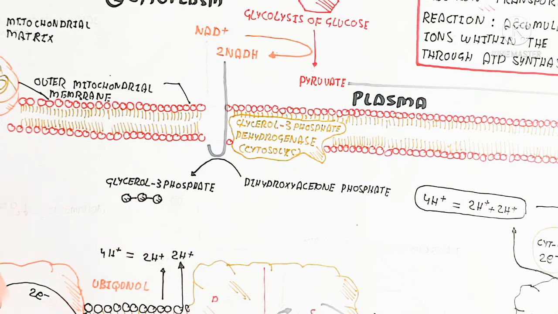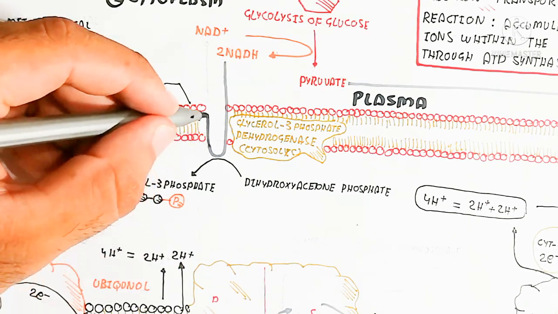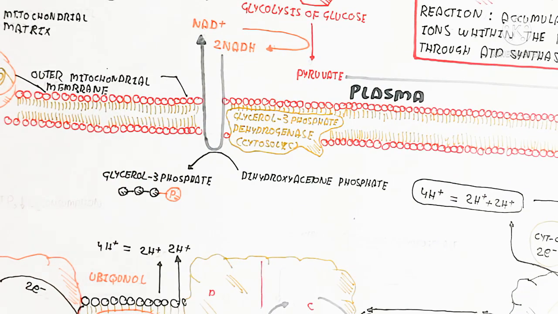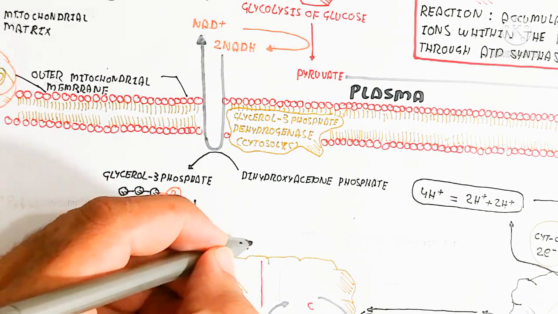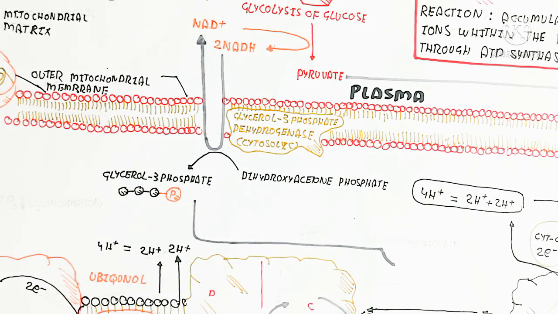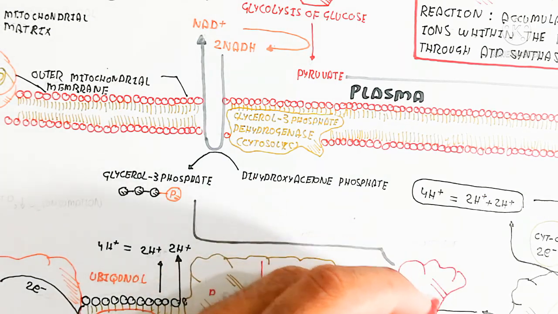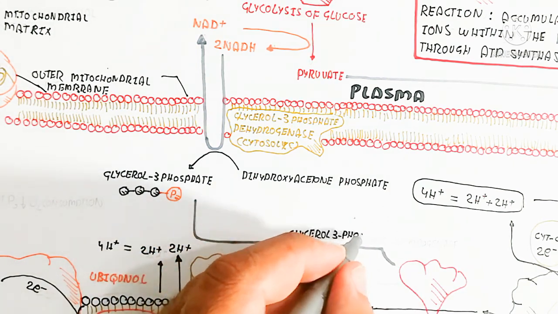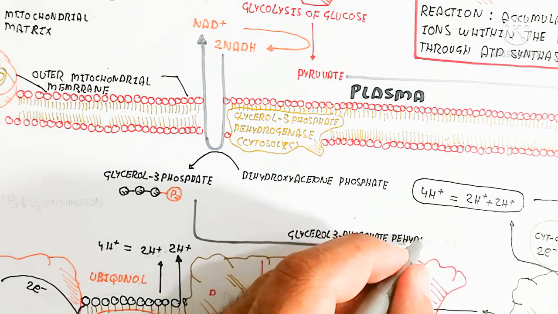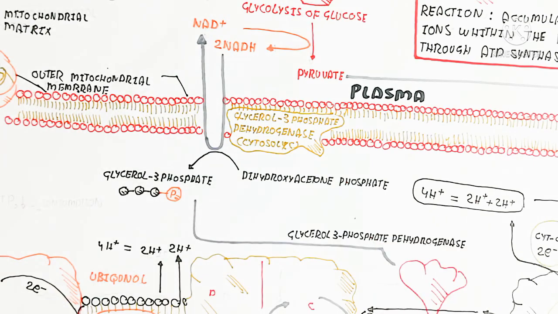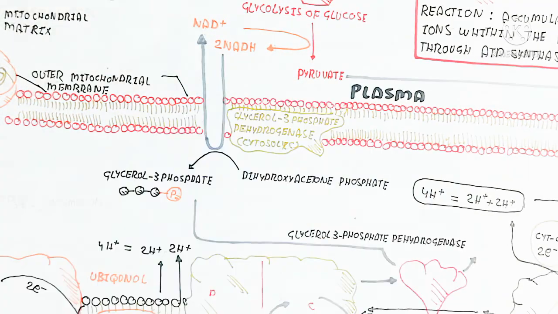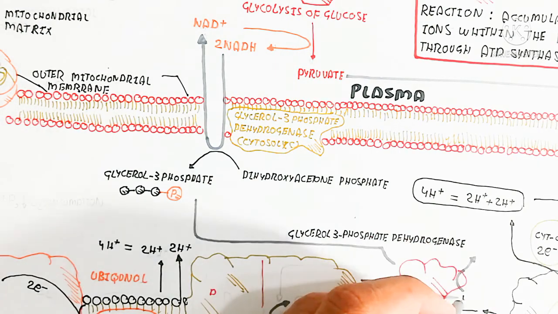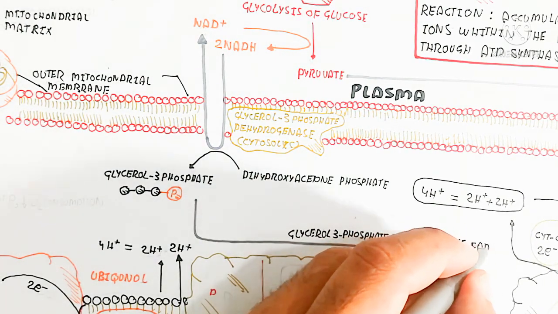If you remember, that is a step of glycolysis that produces the 2 NADH, and after this conversion glycerol 3-phosphate is produced. This glycerol 3-phosphate will bind the glycerol 3-phosphate dehydrogenase enzyme here, and FAD is converted to FADH2.